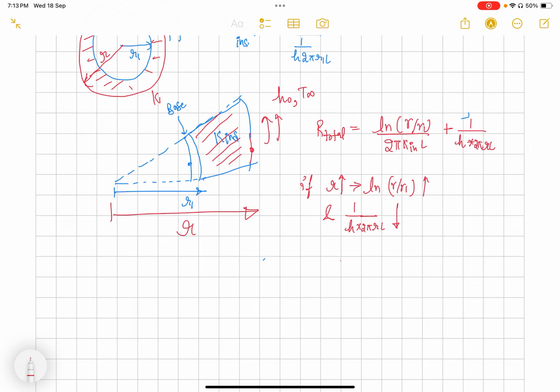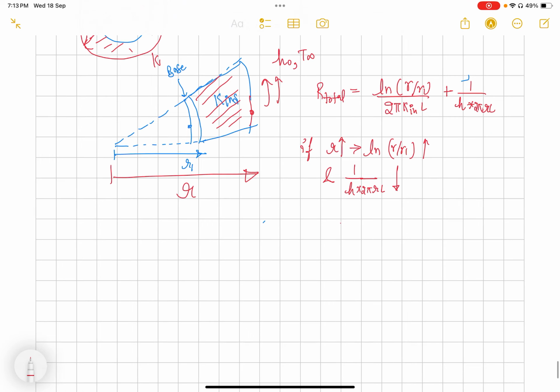So we don't know whether the total resistance will increase or decrease. So this is the problem. We have to find whether the total resistance will increase or decrease, and because of that the heat loss may also increase or decrease. This happens when we are insulating the cylinder and sphere from the outside surface.